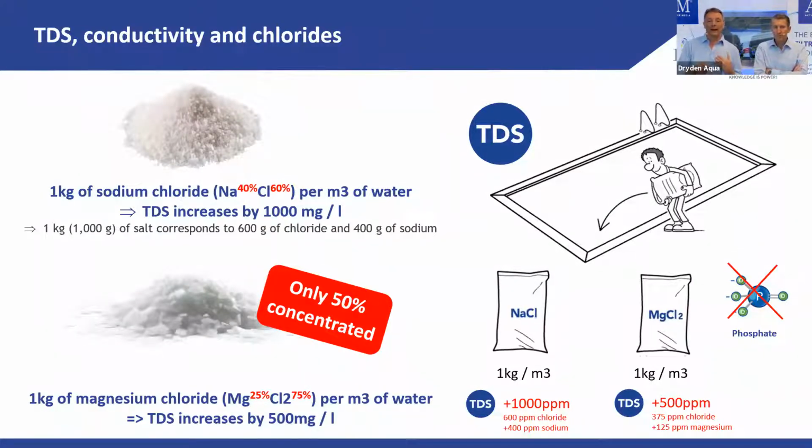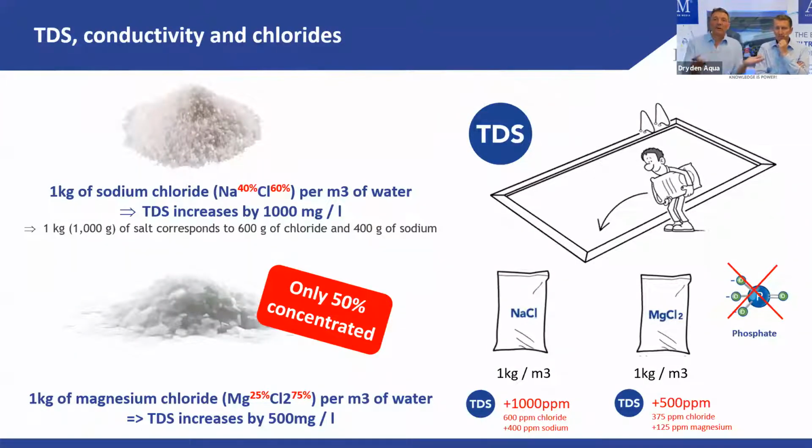So if I add 1 kilogram of salt to the water, I increase my TDS by 1000. 600 of these 1000 is chlorides, 400 is sodium.